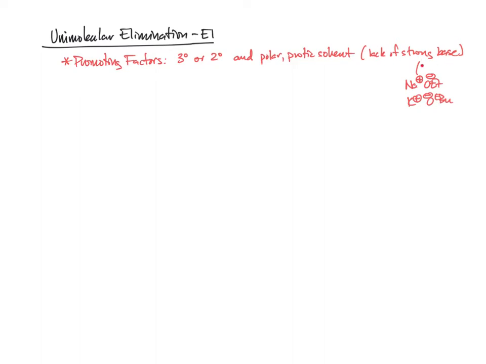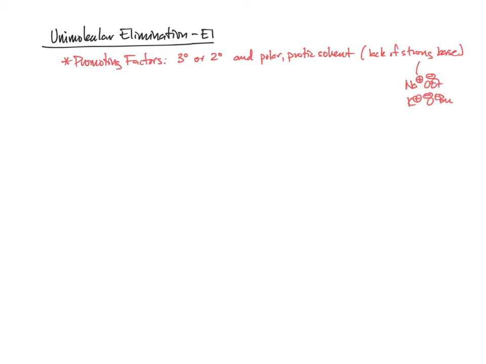So that's what we're defining as a strong base. Again, the polar protic solvents are not strong bases. So the promoting factor is something that's going to ionize the substrate to a carbocation using this solvent, and then the solvent is subsequently going to act as a weak base that deprotonates a beta hydrogen.